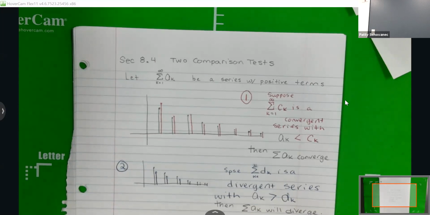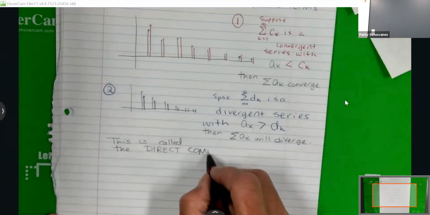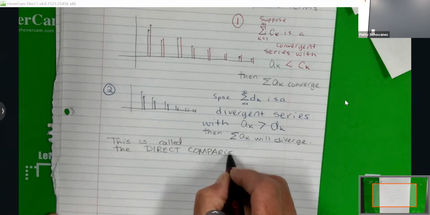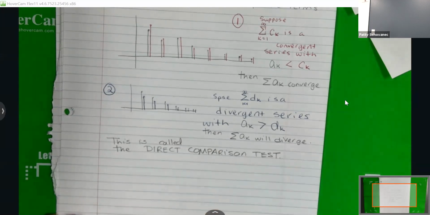That's the direct comparison test. It's easy enough to remember. Just say smaller than convergent is convergent.